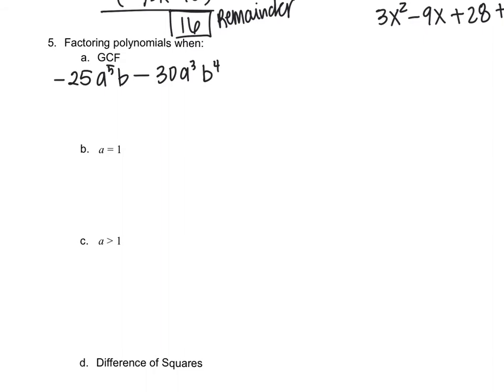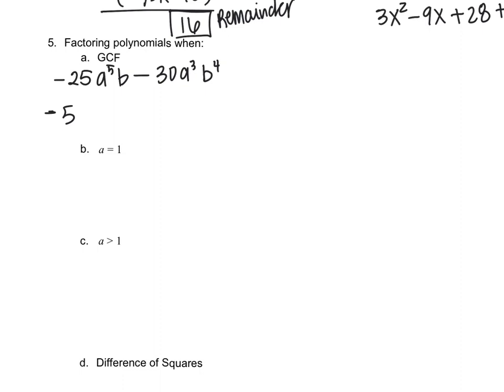When factoring, GCF stands for greatest common factor. Anytime both of the coefficients are negative, our GCF is going to contain a negative number. So I'm looking for a negative number that goes into 25 and 30, which is -5. Then we look to see the most amount of variables they have in common.